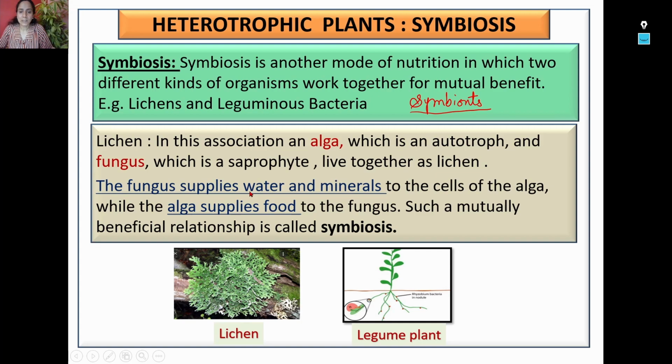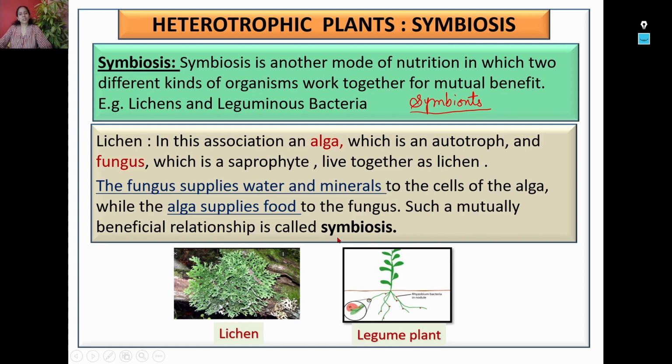The fungus supplies water and minerals because it can absorb water and minerals, it can dissolve dead decaying organic matter, so it can absorb water and minerals from the place where it is growing, and it is handing over that water and minerals to the alga, and in return alga is supplying food to the fungus. So both are living together and mutually benefiting each other.